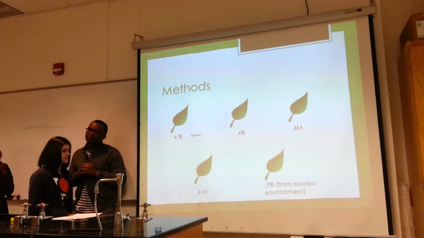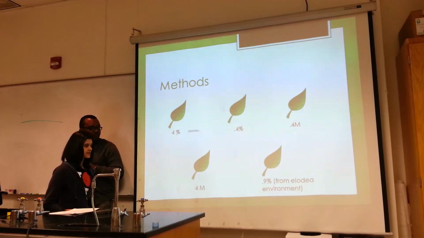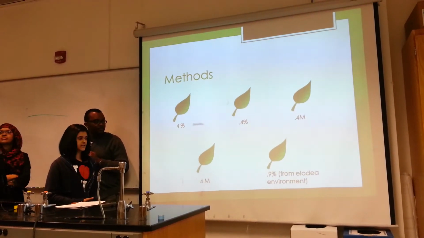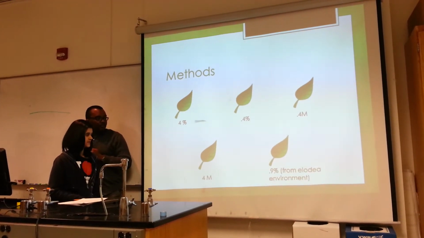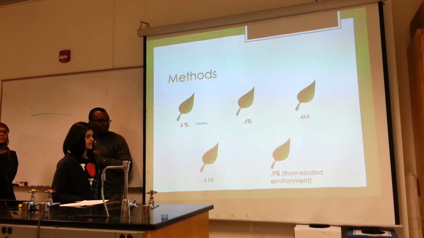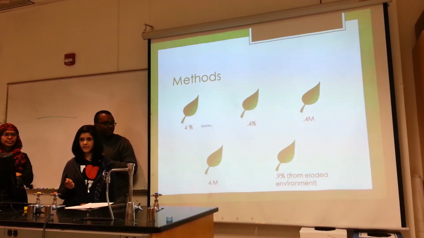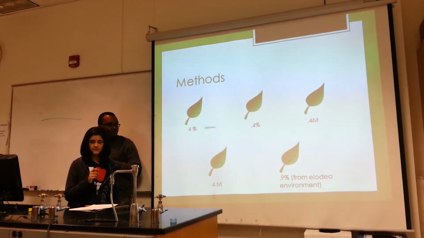So we had 5 different leaves. This 0.9% is the concentration of the solution in the Elodea environment. The other solutions were the ones that we just made. Basically what we did was take a micropipette and add 1 to 2 drops of solution to each of the leaves.